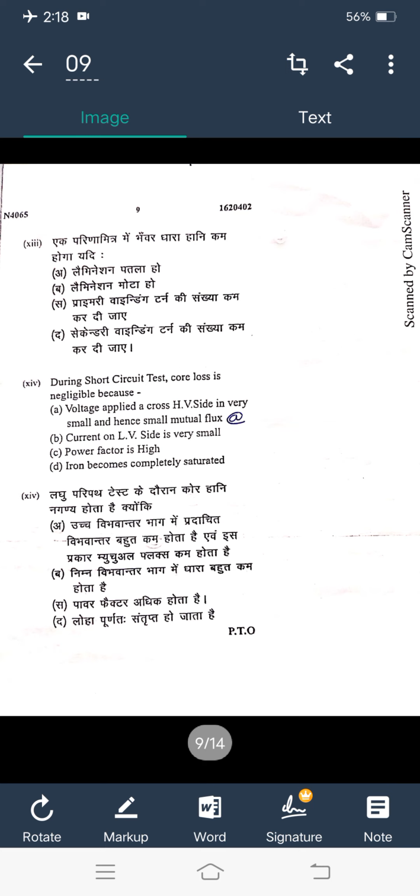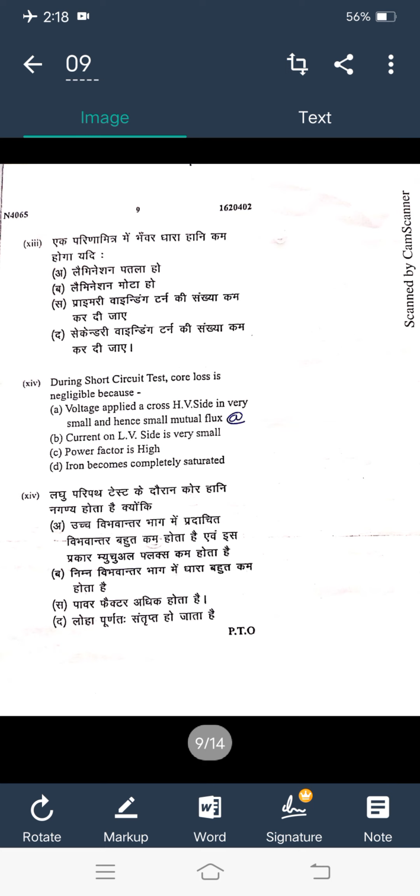Another question, 14. During short circuit test, core loss is negligible because voltage applied across the high voltage side is very small and hence a small mutual flux occurs. For the short circuit test, if you remember the circuit diagram, the secondary side is short circuited where low voltage is given, but on the high voltage primary side the supply voltage is given.